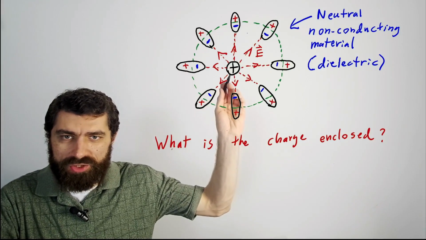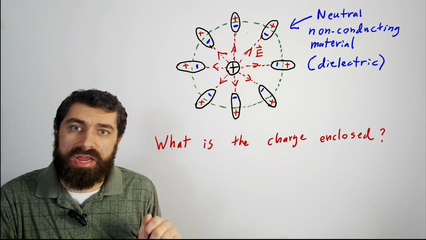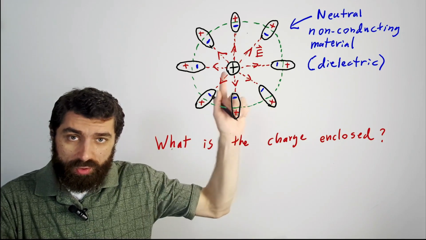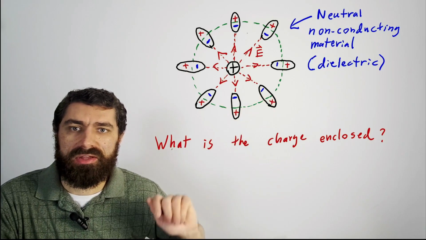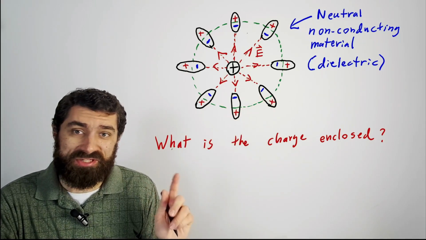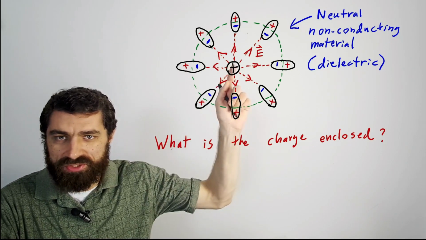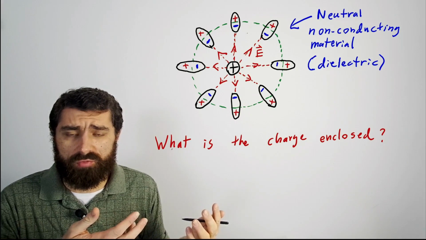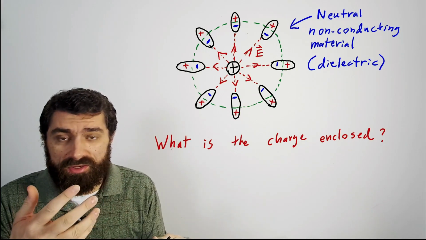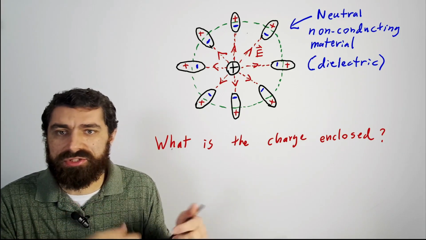Here we've got a point charge, and we formed a Gaussian surface, and we asked, what is the charge enclosed if this point charge is embedded in some kind of dielectric material? You might be tempted to think, oh, the charge enclosed will still just be this charge Q, because we assume the dielectric is neutral, with equal amounts of protons and electrons that cancel each other out.